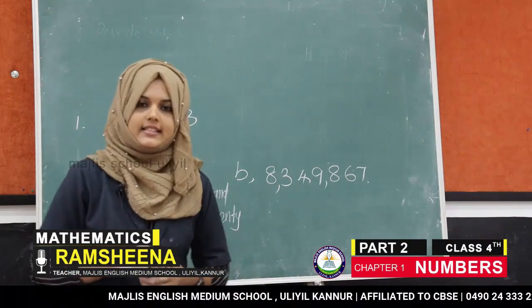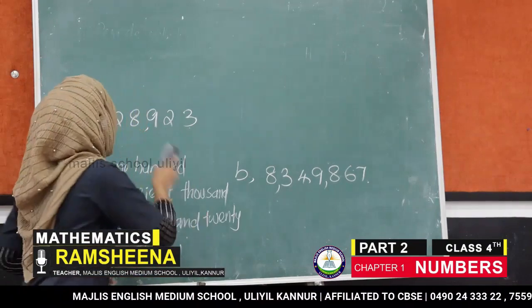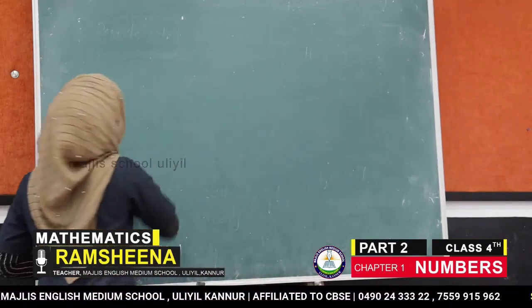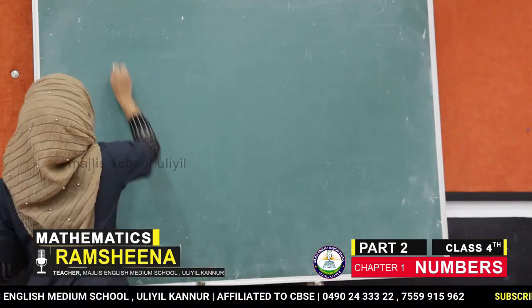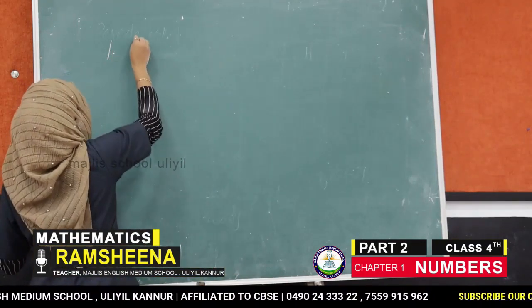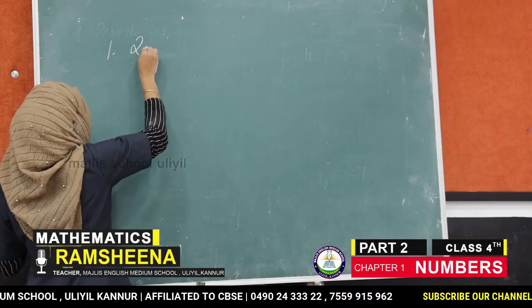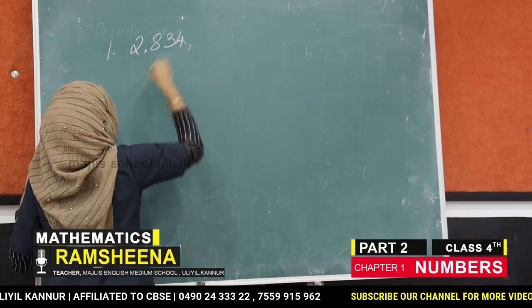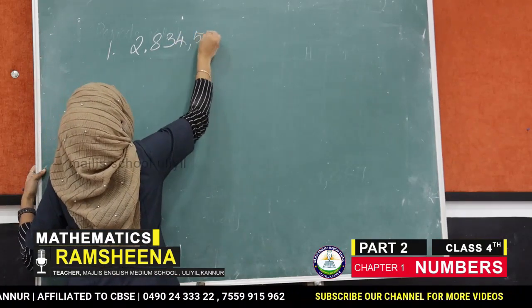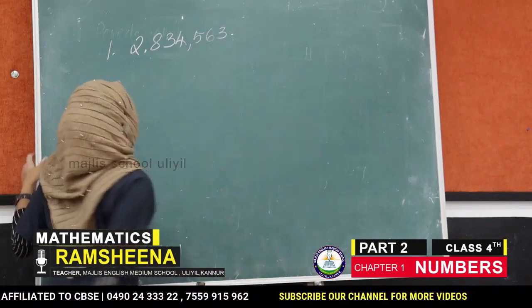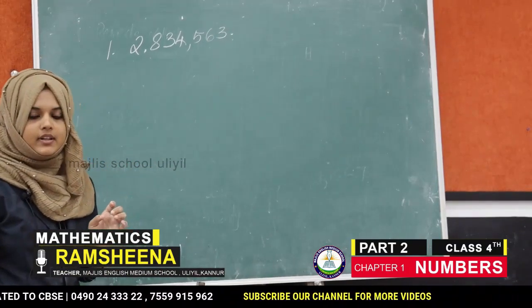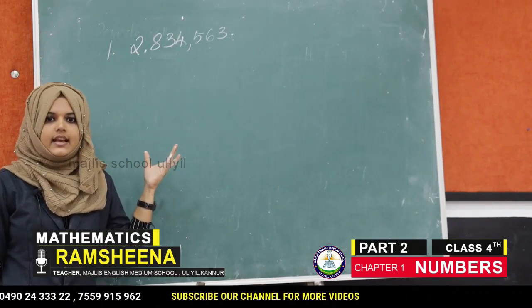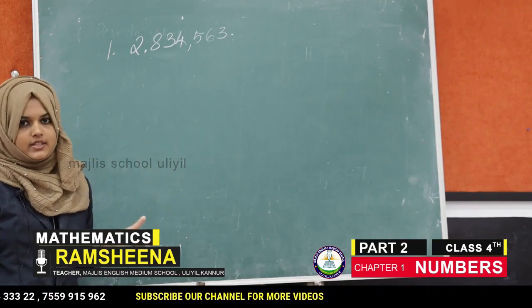Then let's see some examples. First one, 2,834,563. Then how to write this number? This is the international place value system. Okay.